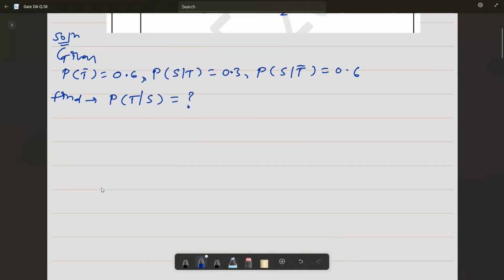So we already know the conditional probability formula.